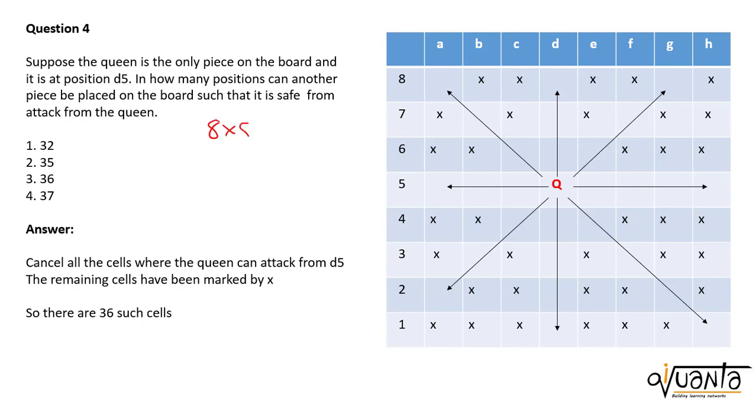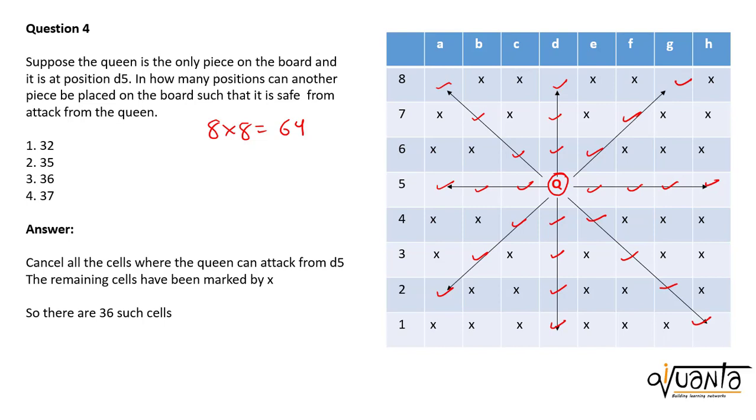So there are a total of 8 into 8, that means 64 cells on the chessboard, and from these 64 we have to deduct the number of cells or positions that can be attacked from D5, which will be 1, 2, 3, 4, 5, up to 27, and this position 28.